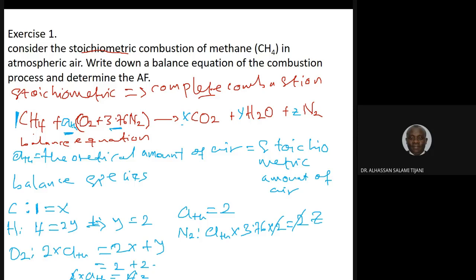Eventually, Z equals, if you multiply 2 times 3.76, let me use my calculator over here.